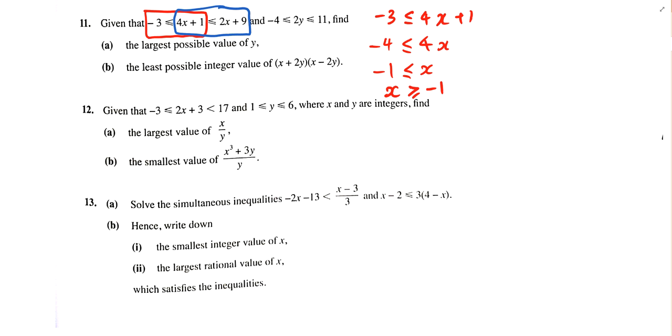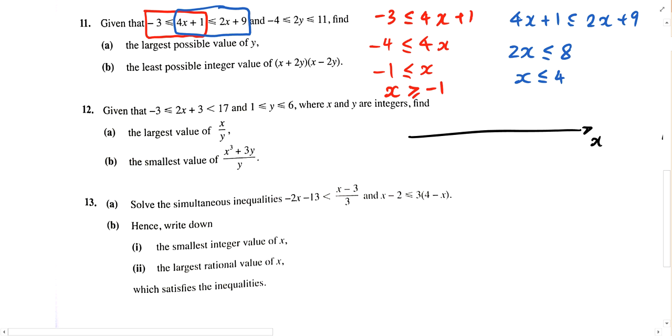Now in blue color, we've got 4x plus 1 less than or equal to 2x plus 9. Subtract 2x both sides, so 2x less than or equal to, subtract 1 on both sides, 8, so x less than or equal to 4. Number line, x must be greater than negative 1, and yet it is less than 4. So this is my range for x.